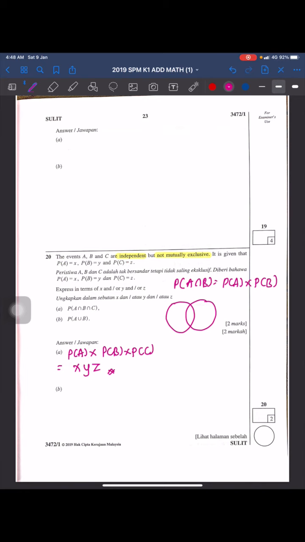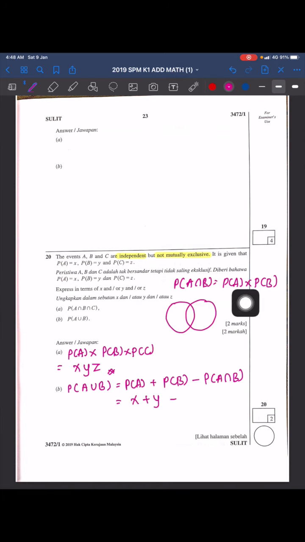For the second part, P(A union B). We know that bila kita pecahkan, kita akan dapat P(A) plus P(B) minus intersection of A and B. Probability of A is x plus probability of B is y minus intersection of A and B, yang saya dah buat tadi.